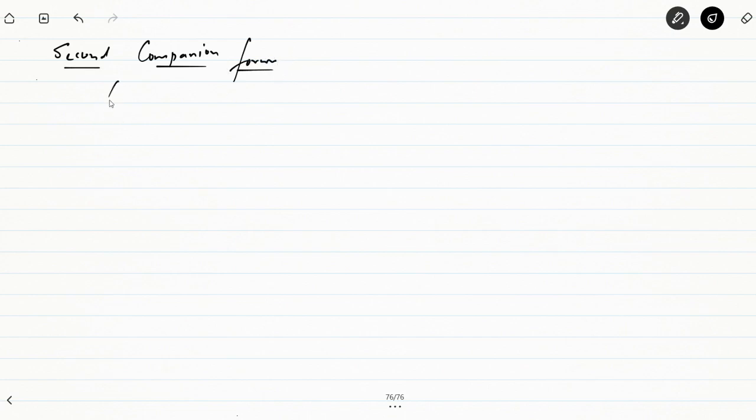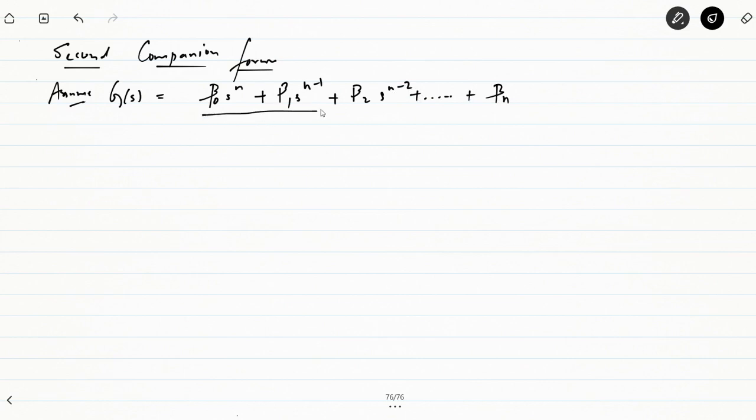So again, assuming we have the same nth order transfer function G(s) given by beta naught s^n plus beta 1 s^(n-1) plus beta 2 s^(n-2) and so on up to beta n, divided by s^n plus alpha 1 s^(n-1) plus alpha 2 s^(n-2) plus so on up to alpha n.